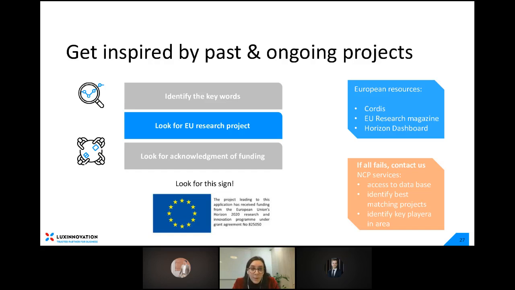So there are different ways to look for past and ongoing projects. Of course, the easiest one is to look on the search engine. If you are a researcher, one good way is to look for the acknowledgement of funding during presentations or conferences, when they take place again on site. But there are also European repositories where all the projects that have been funded are put together.